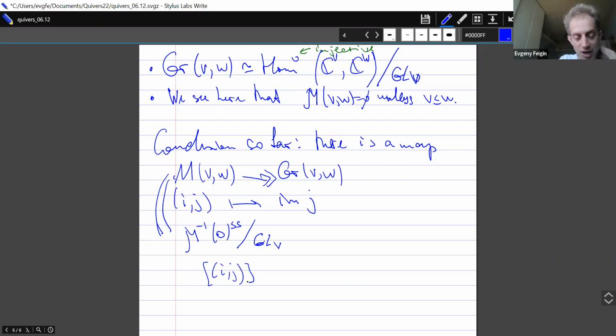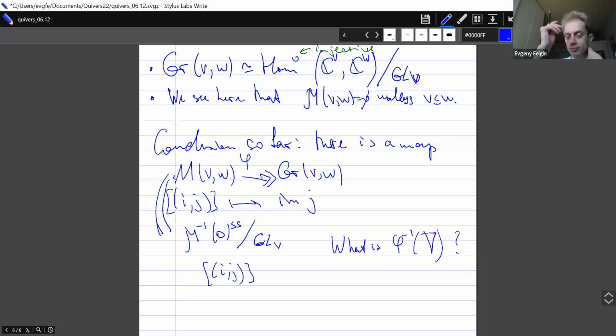And our map considers the class of ij, and this is mapped to the image of j. Okay? So the question is, what's the pre-image of a given subspace? Suppose we denote this map by phi. So what is phi inverse of some subspace V? So how to identify it?